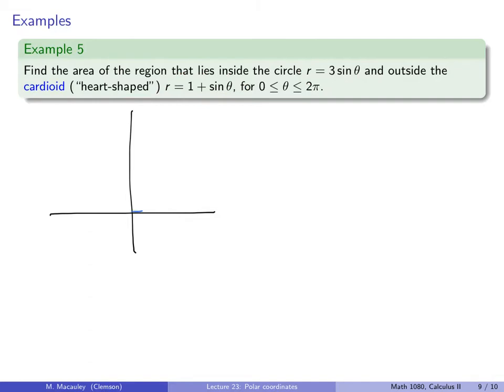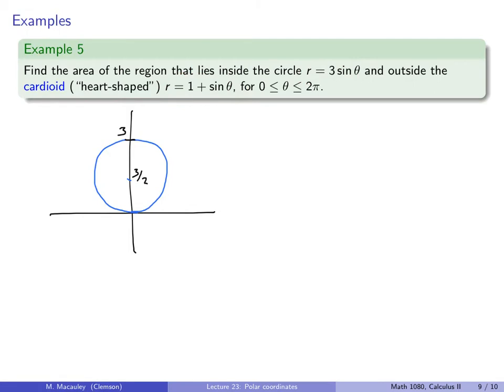So it's going to look something like that, and this here is 3/2, and this here is 3. We know that. And let's try to figure out what this thing looks like.